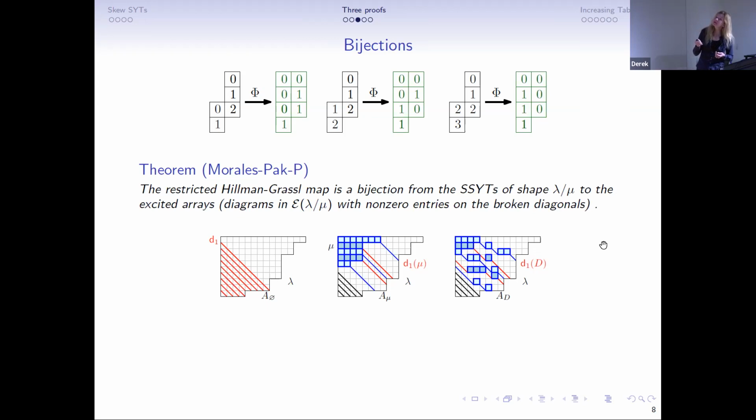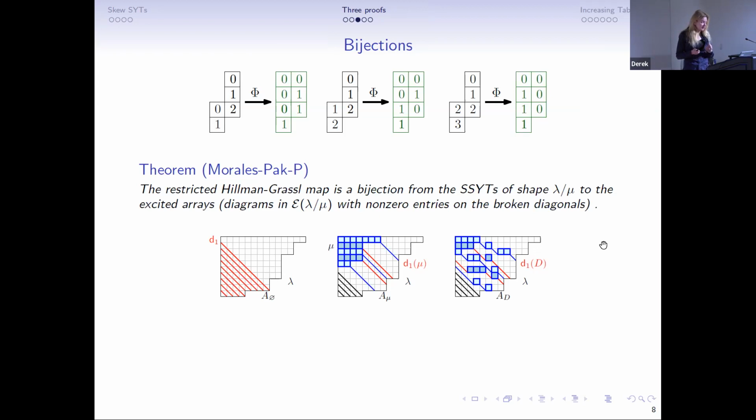We call them excited arrays because we are taking an excited diagram from this one to turn it into this one, and we look at all possible fillings of the non-blue boxes with numbers, with one restriction, that the entries along these broken diagonals here, which are obtained using the procedure in some well-defined fashion, are non-zero. So there is an actual bijection of what each of these entries in the sum actually means.